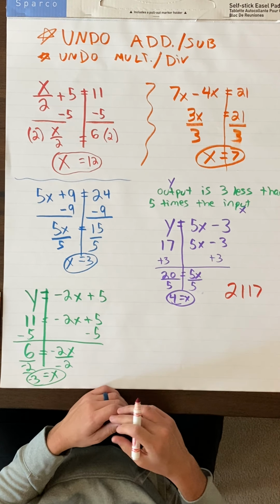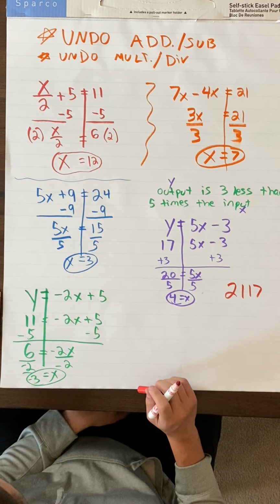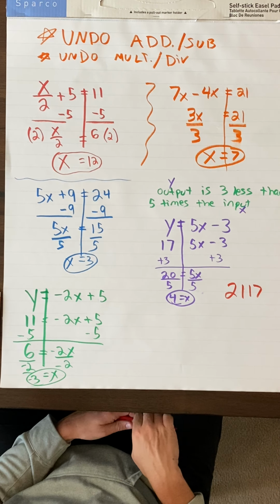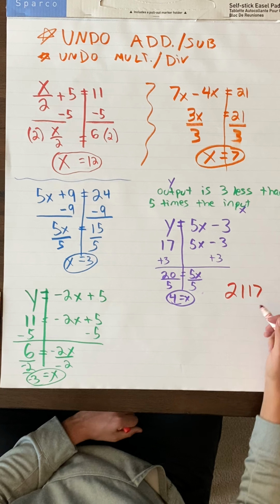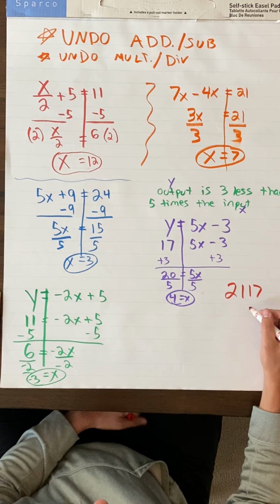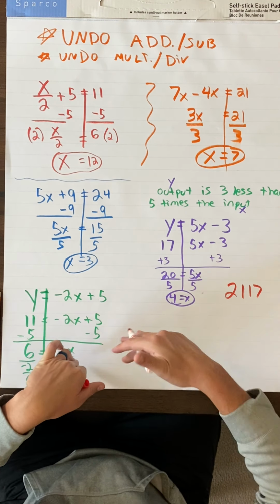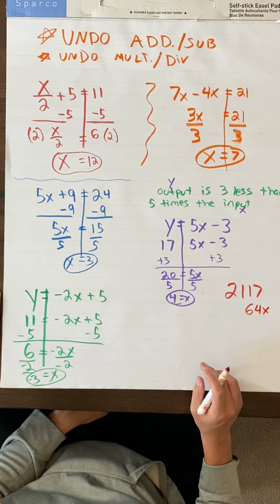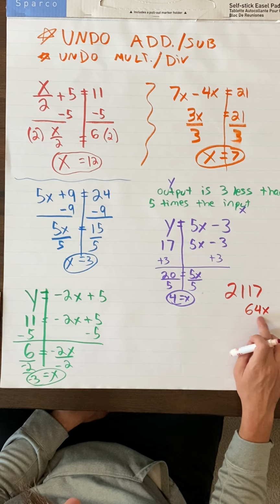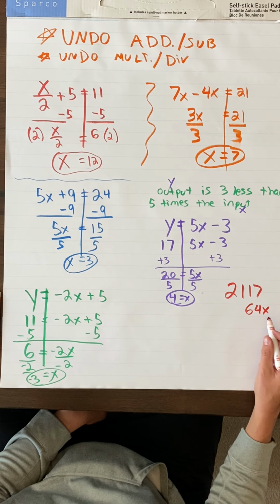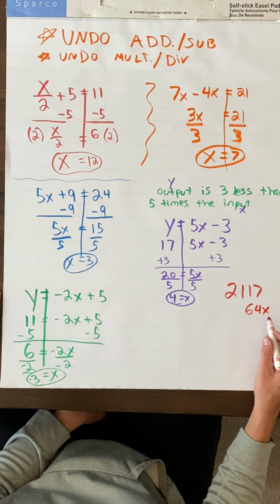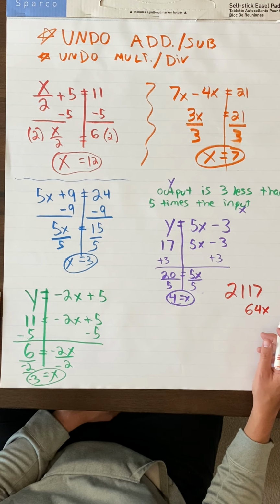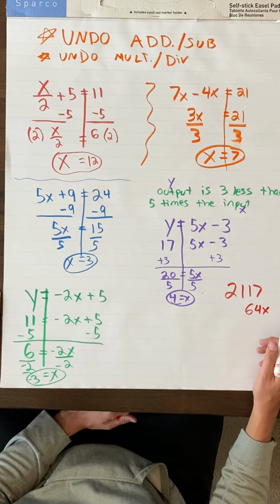The pressure increases at a rate of 64 pounds per square foot. So as you go down the water, the pressure is increasing. We're just going to put that as 64x, where x would stand for the number of feet.